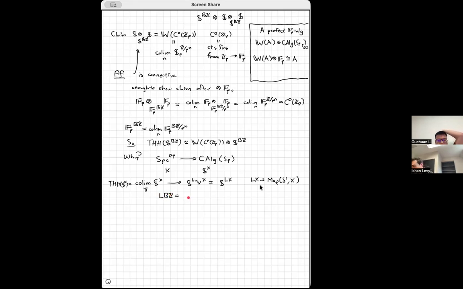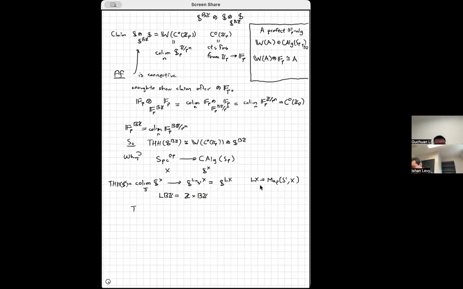Well, that breaks up. It has infinitely many components, where each component is measuring the degree of the map of the circle mapping to itself. And then pi1 of each component is just another copy of Z. So this is the free loop space of BZ.